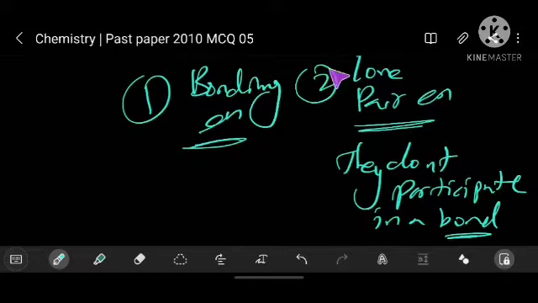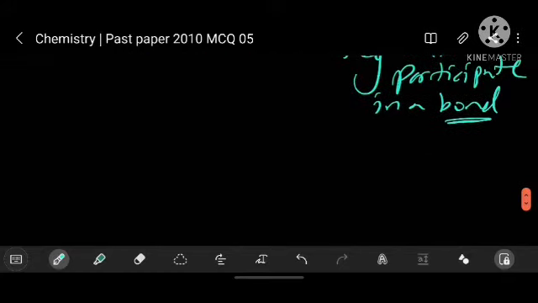The atoms will always tend to arrange themselves in a manner in which this electron pair repulsion is minimized. You have to note this point.